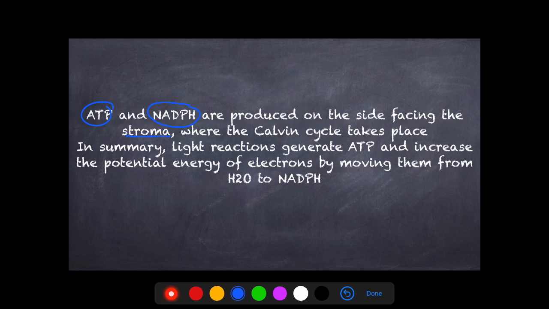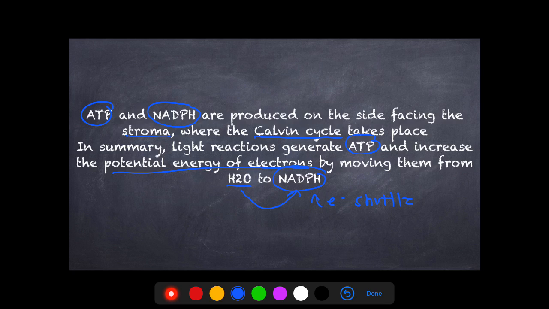ATP and NADPH are going to be both produced where the stroma is, and that's where the Calvin cycle is also going to be taking place. So light reactions, if we were to summarize what we just talked about, light reactions are going to make ATP, and they're going to increase the energy in electrons by moving them from H2O and transferring those electrons to NADPH, which is your electron shuttle.